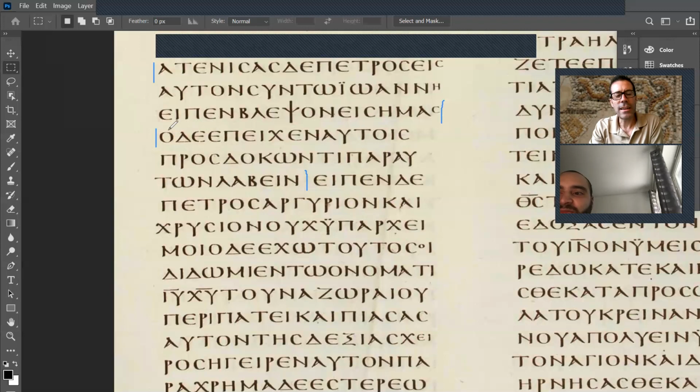Actually, is that correct to say it's a relative pronoun? Is that the right word to describe this one? No, I think it's just an article, ho de, to show that the subject has changed. Okay.